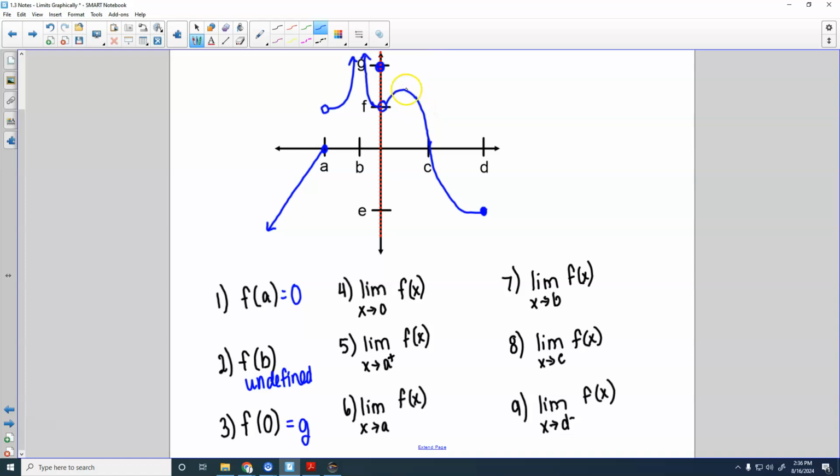And from the right-hand side, we also go to that dot. It doesn't have to be filled in for you to have a limit. You just have to approach that point. So your limit as x approaches 0 of f of x would be the y-coordinate at that point, which is f. So the limit can exist even if you have a hole in the graph.